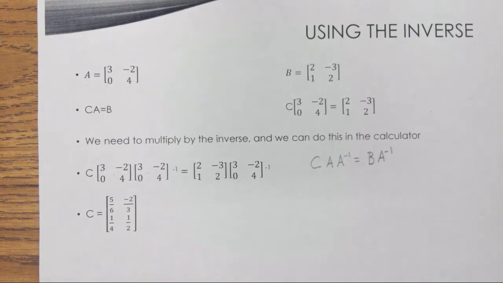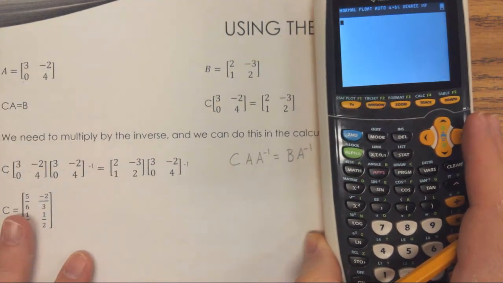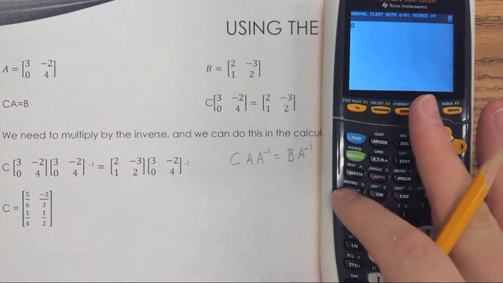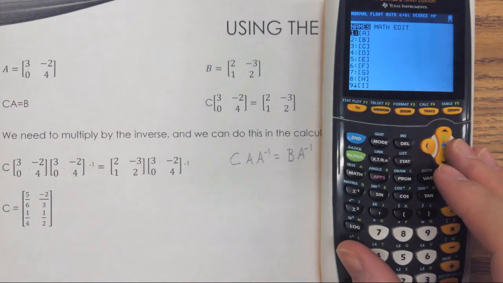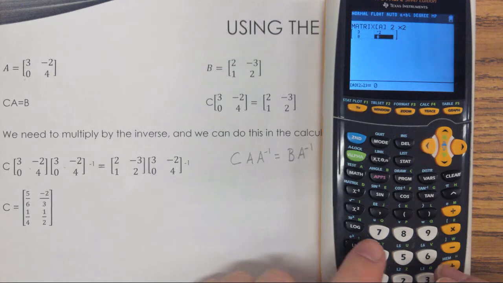Alright. So, to do that, I'm going to jump to my handy dandy calculator because it's going to make that super easy to do. Alright. So I need to get my matrices entered in. Alright, so if you remember, second matrix, go over to edit, we'll go to A, and that's a 2 by 2 matrix, and the numbers in that are 3, -2, 0, 4.